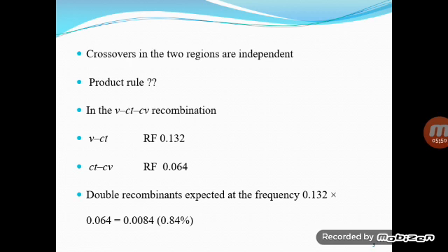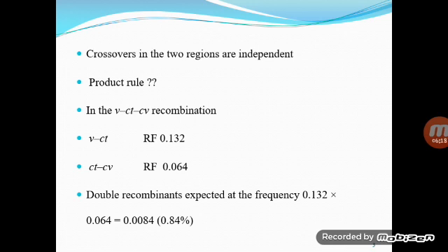So, double recombinants might be expected at the frequency of 0.0084 if there is independence. 0.0084 can be changed to a percentage by multiplying by 100, so it will be 0.84%.